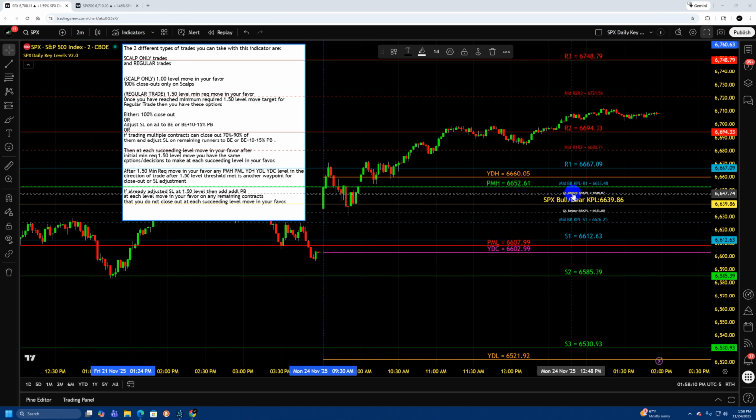One is setting an alert for when price hits that particular price level, and then you would manually stop yourself out. Or you can simply watch price action for when price touches that level and manually stop yourself out.